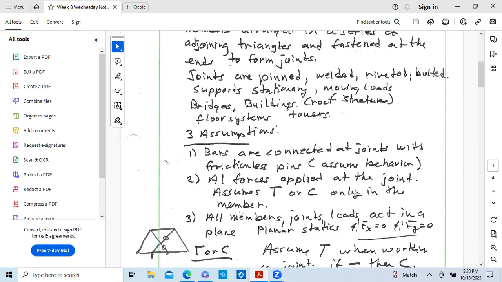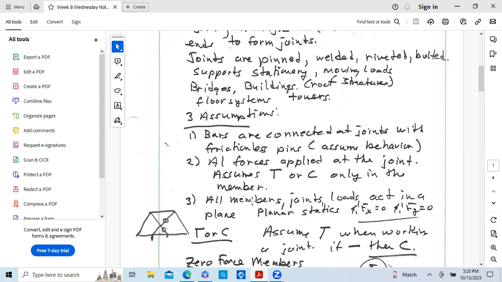All forces are applied at the joint. You need to know this. And this assures us that we have tension or compression only in the member, nothing else. No bending stresses or other stresses develop. Pure tension or pure compression if the forces are applied at the joint.